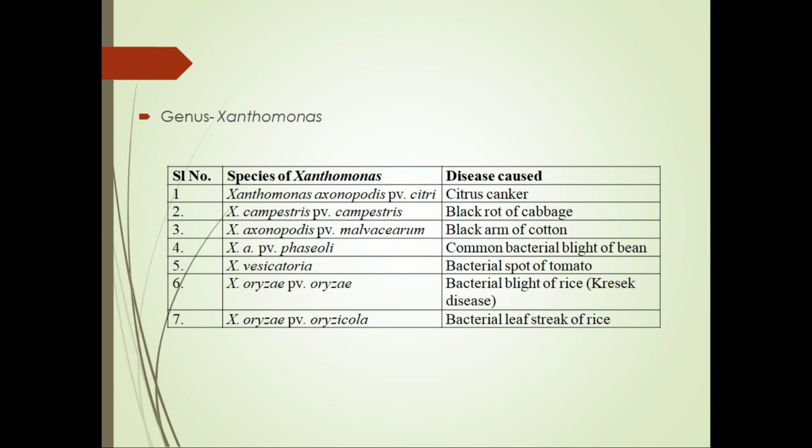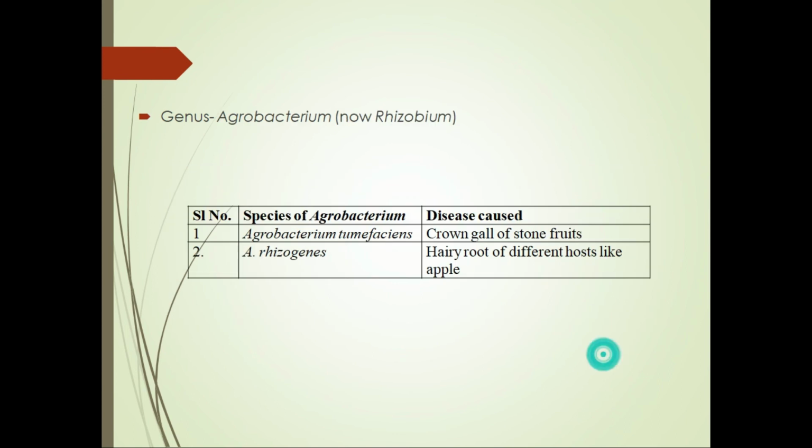Then very importantly, bacterial spot of tomato and bacterial blight of rice. Bacterial blight of rice is caused by Xanthomonas oryzae, pathovar oryzae. Bacterial leaf streak of rice is caused by Xanthomonas oryzae, pathovar oryzicola.